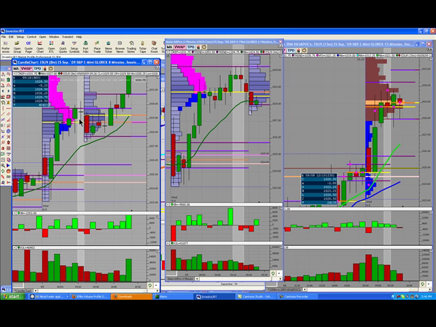So this is how you can use the multiple time frames of the delta and volume evaluation to deal with a breakout, and to deal with how you trade quickly after the open. A lot of people don't like to trade in the first half hour, but the way the market's been trading the last few months, if you don't trade in the first half hour, you're going to miss a lot of trades.